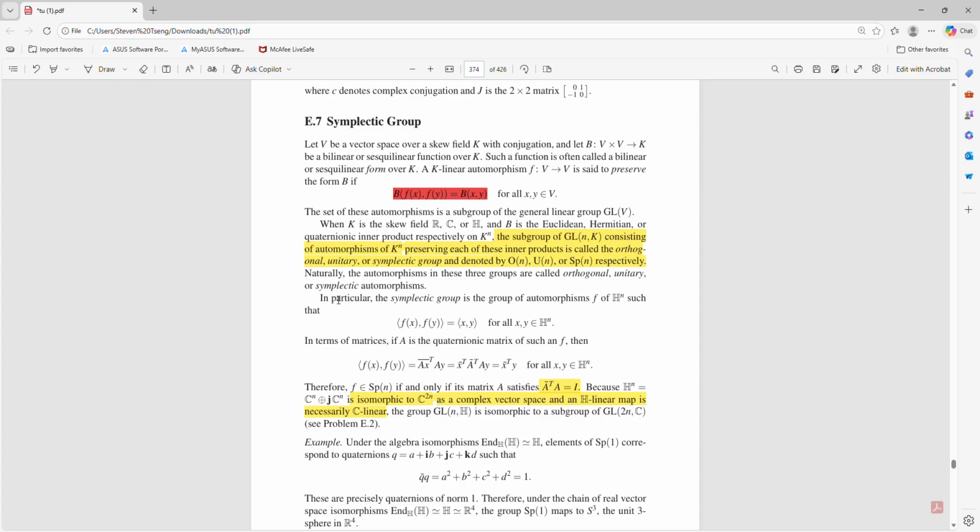In particular, we are focused on the symplectic group, and the symplectic group satisfies this form.